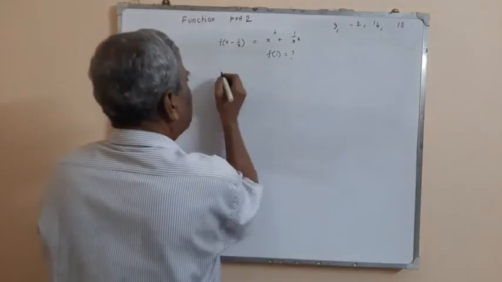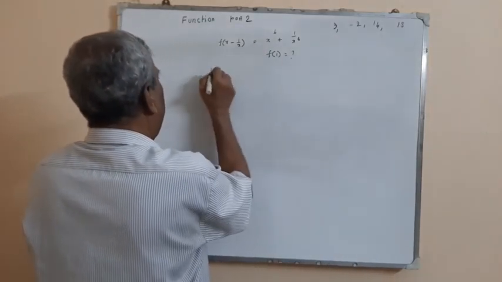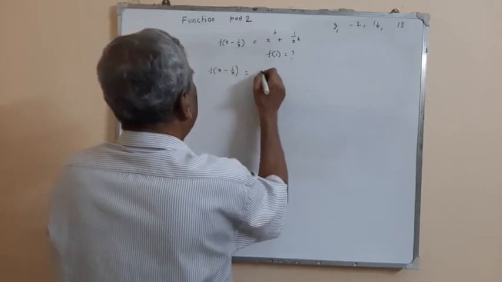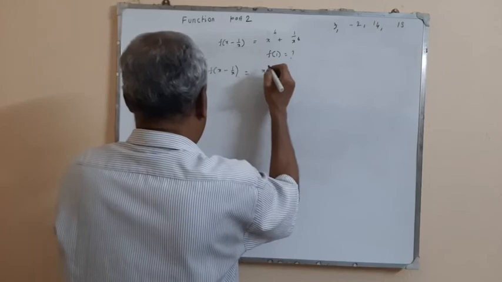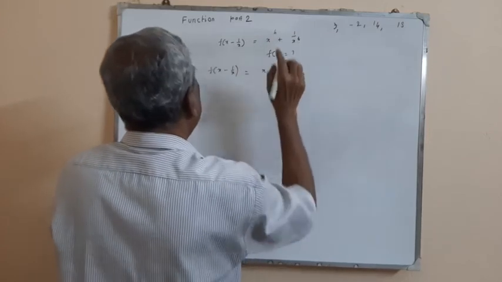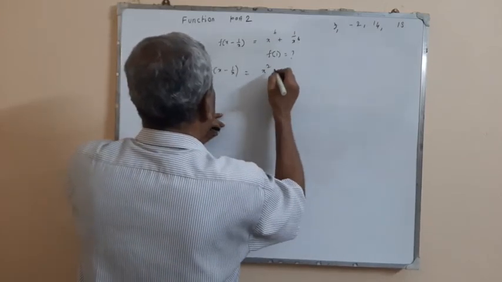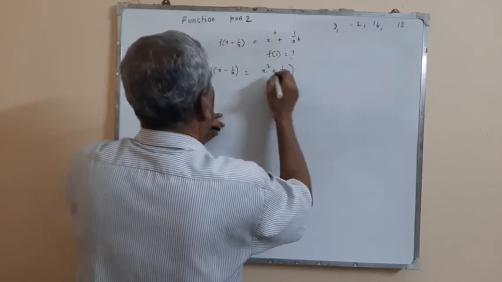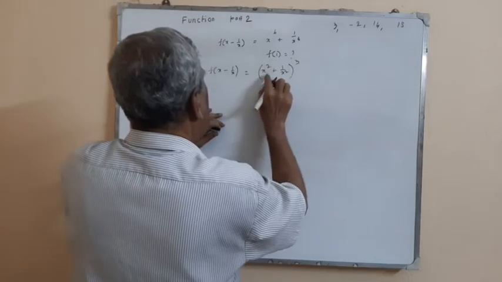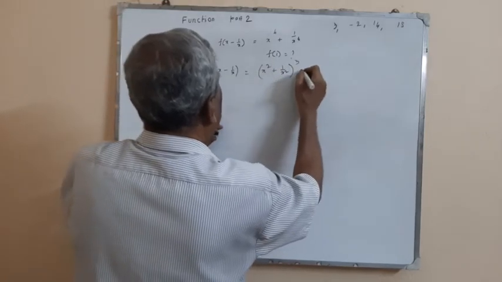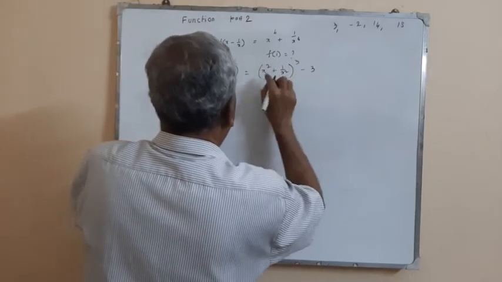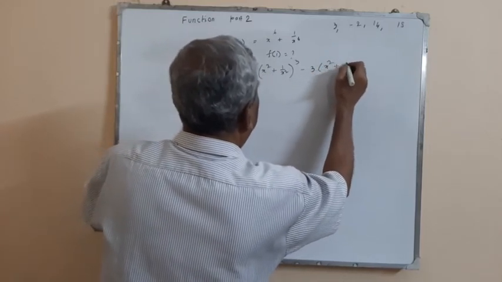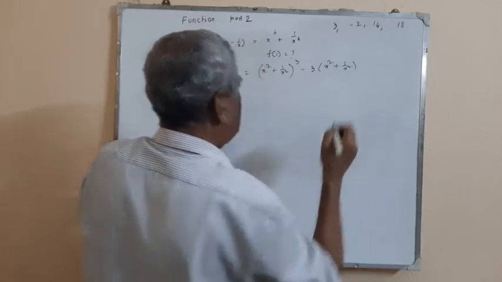For that purpose, f of x minus 1 by x is equal to x to the power 6 plus 1 by x to the power 6, which is x square plus 1 by x square, whole cube, minus 3 into this.